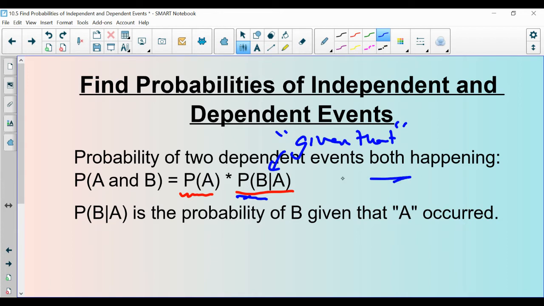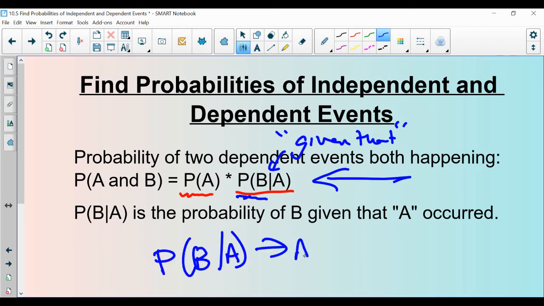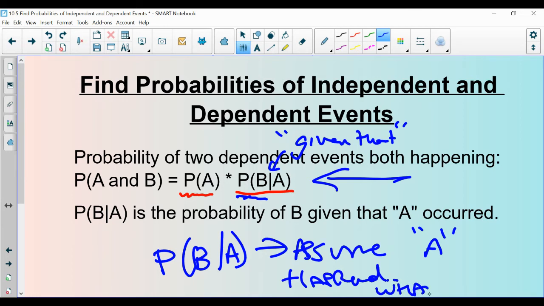So this notation is asking you to assume that A happened. Now tell me what the probability of B is. Probability of B given A: assume A happened, what's the probability of B? That's what this notation means.